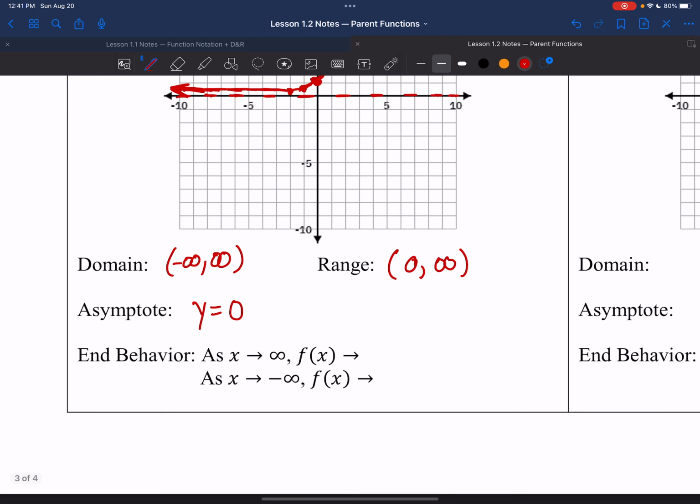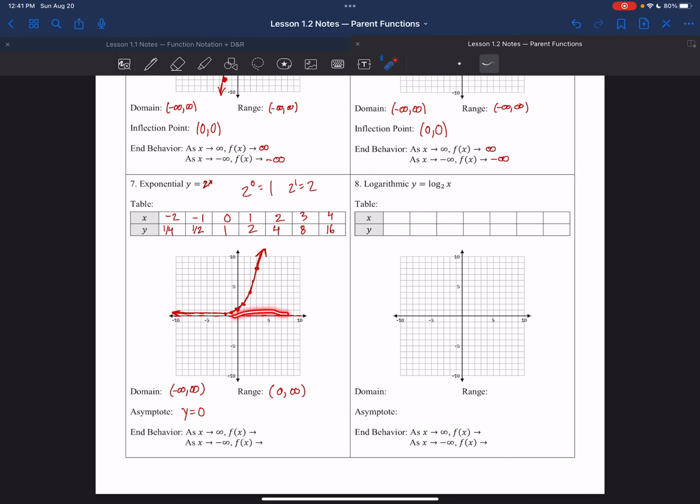Notice, this is where end behavior really starts being important. As I move to the right, the function is going up, and that is infinity. But what about as I go to the left? Well, it's not going down forever.